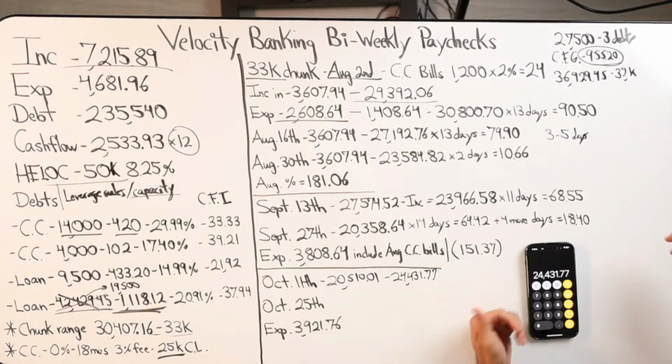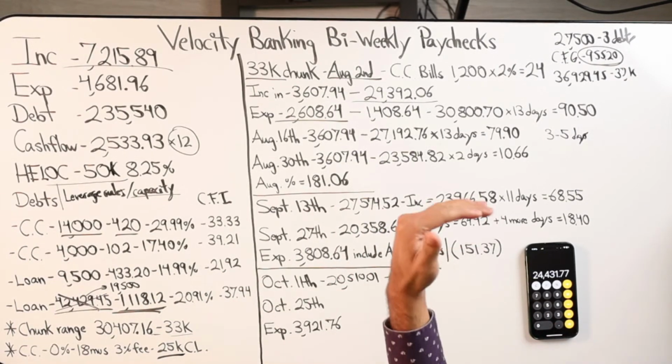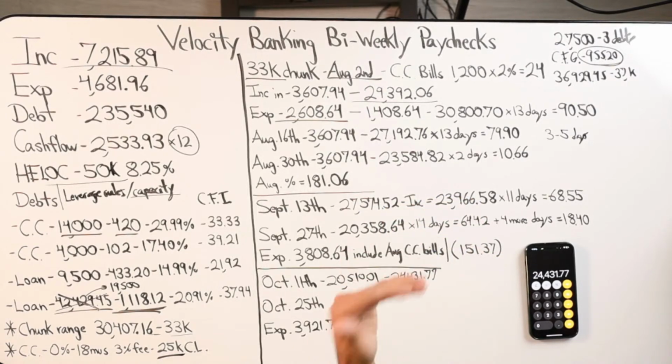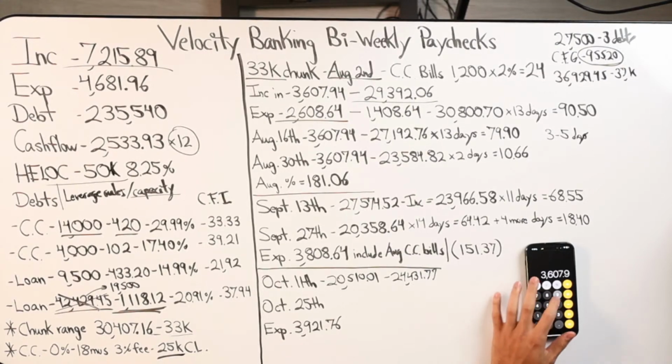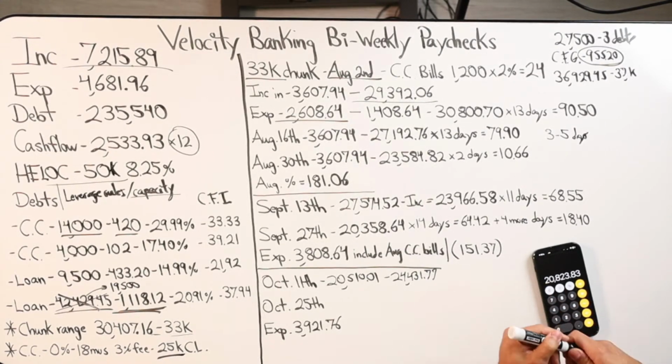So 24,431.77 is the highest number it should ever be in the month of October. And then we're going to minus income on October 11th, 360794. All right.